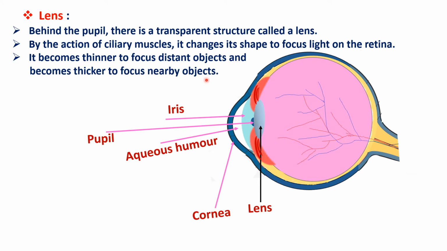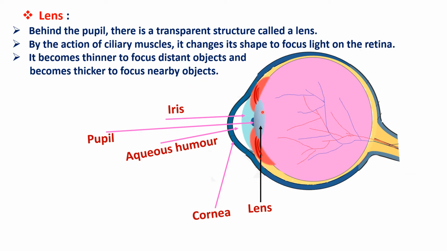That means it becomes larger. The size of the eye lens will become larger in seeing distant objects, and the size of the eye lens will become smaller in seeing nearby objects.